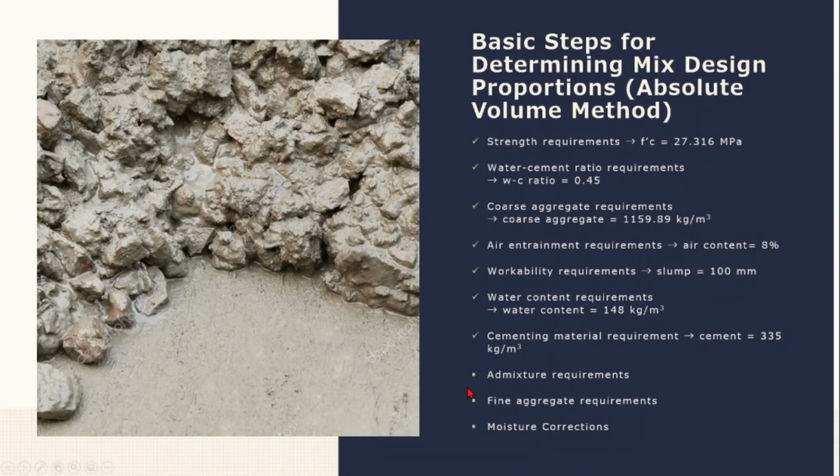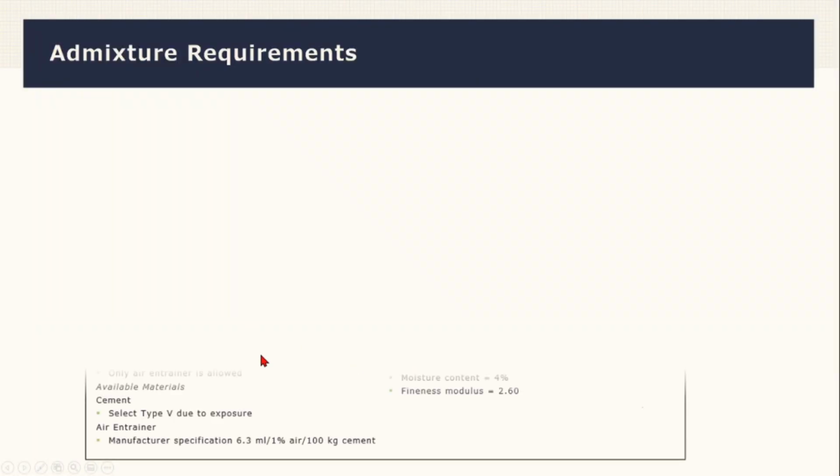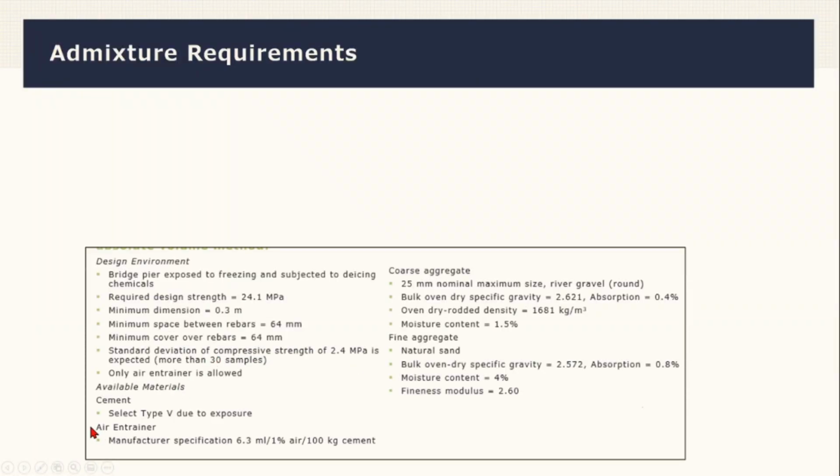Next is admixture requirements. If we take a look again at our problem, we're going to use here an air entrainer. Actually, an air entrainer is used to achieve a proper air void system or to correct the amount of air and the correct size and spacing of the air bubbles. Now, since the air entrainer here uses a manufacturer specification of 6.3 milliliters per 1% of air and per 100 kg of cement, we'll be needing here the air content and also the cement requirement.